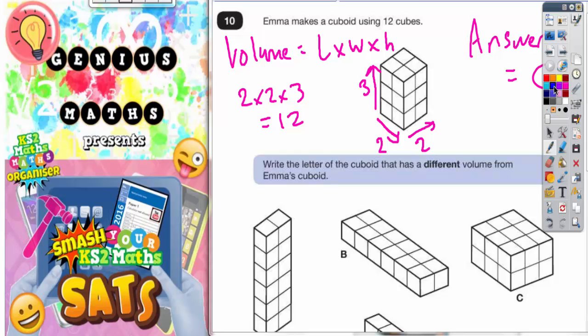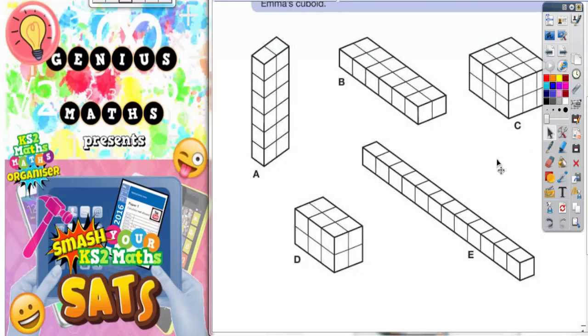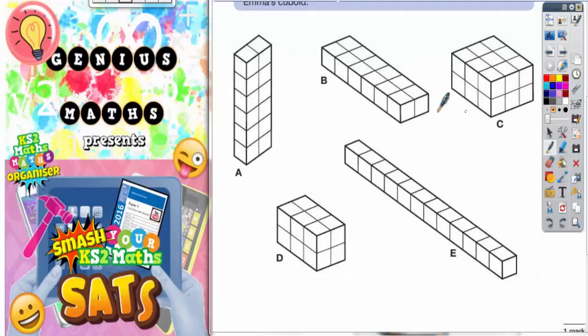Now we're going to use that approach on these cuboids down here. So let's have a look. Let's go for A again. So we've got, that's a distance of 1, that way is a distance of 2, and the height is a distance of 6. So on A we've got 1 times 2 times 6. Well, 1 times 2 is 2, 2 times 6 is 12.